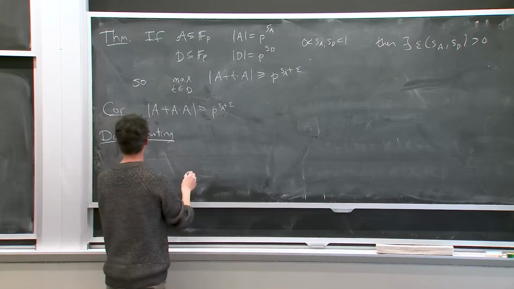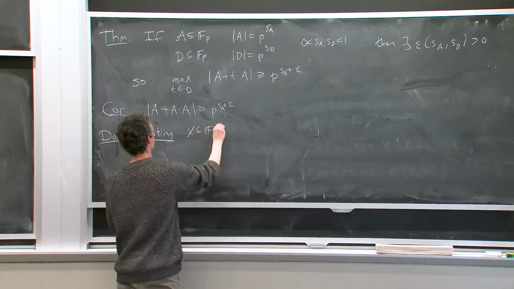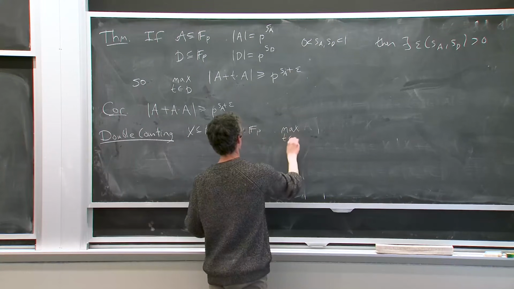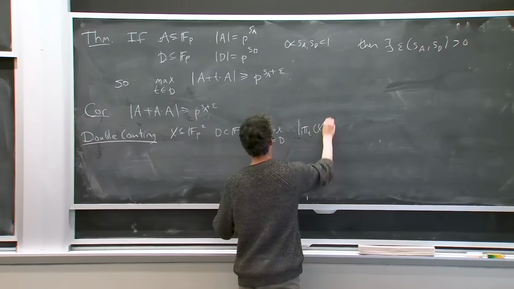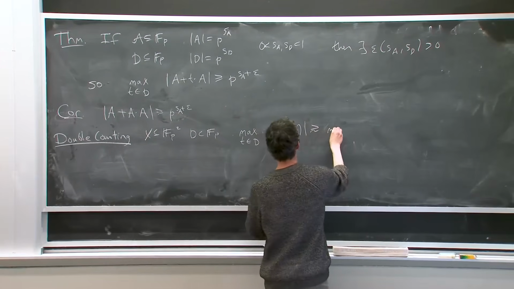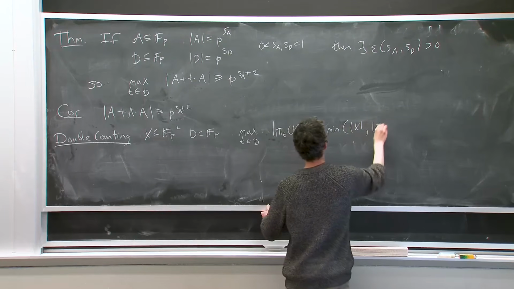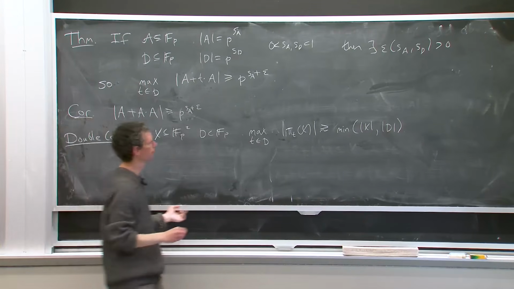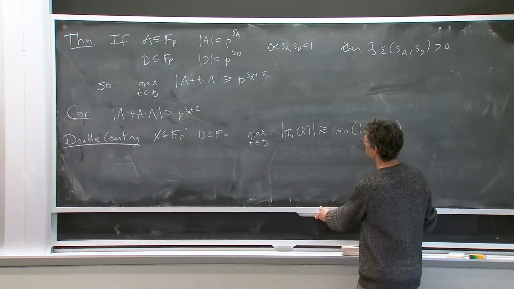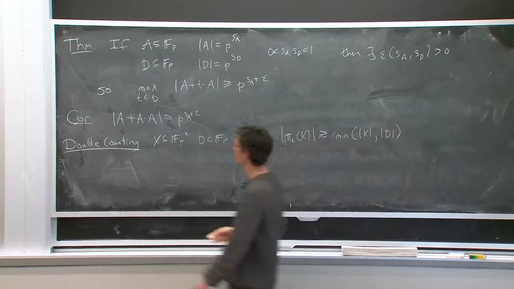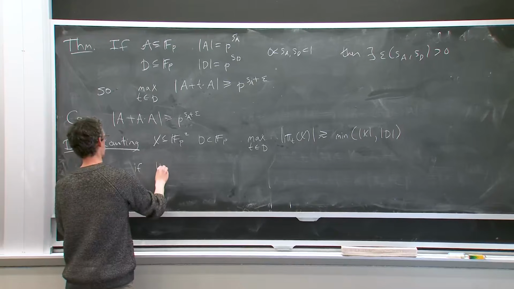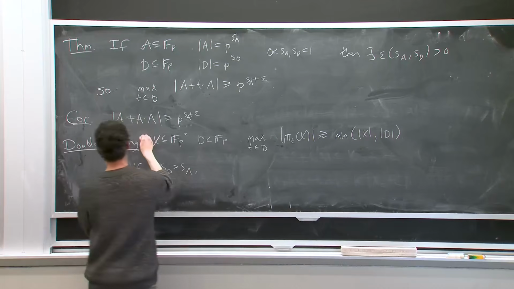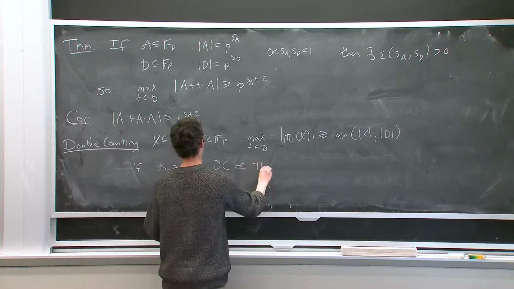At the beginning of projection theory, we proved that if X is in F_p^2 and D is in F_p, then the maximum over t in D of |pi_t(X)| is at least the minimum of the size of X and the size of D. So if it was the case that s_D was bigger than s_A, then this double counting implies our theorem.